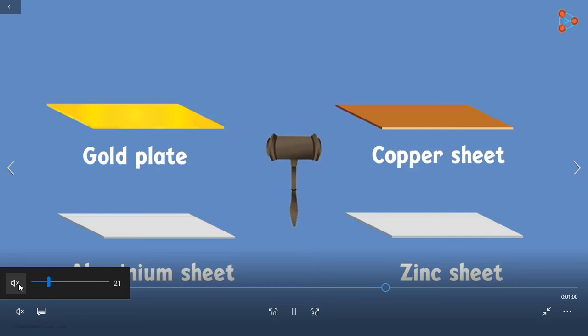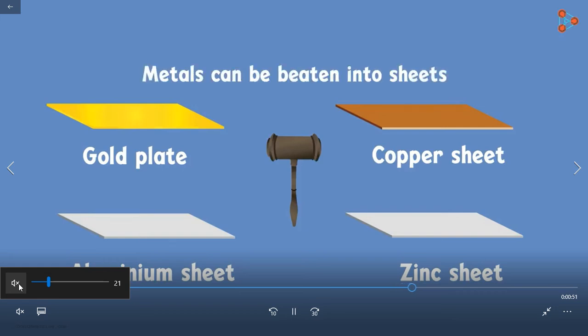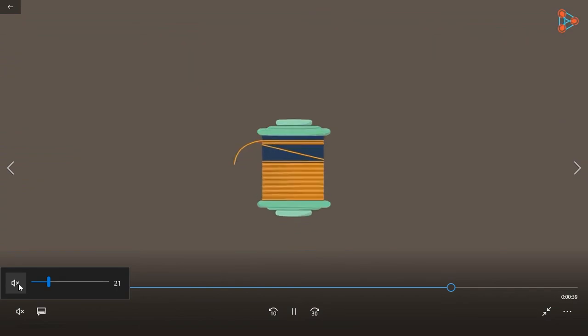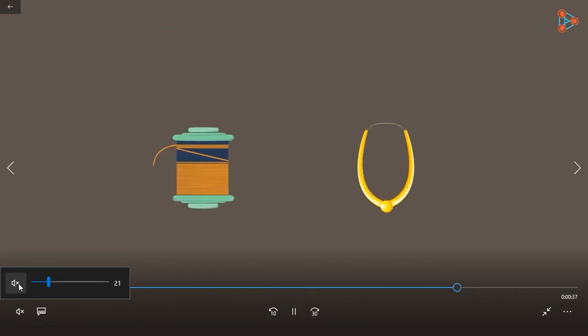Gold plate, copper sheet, zinc sheet, aluminum sheet. Metal can be beaten into sheets. You can call it malleability. We can discuss later.